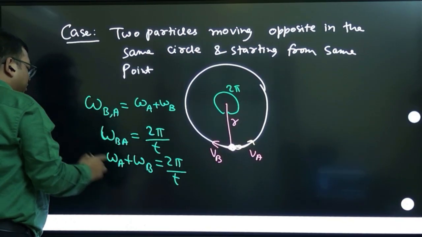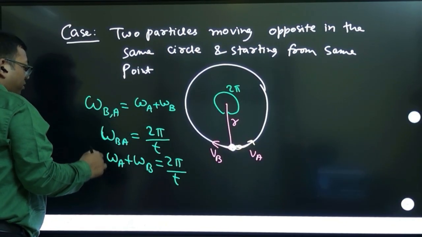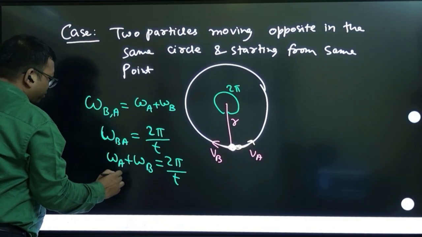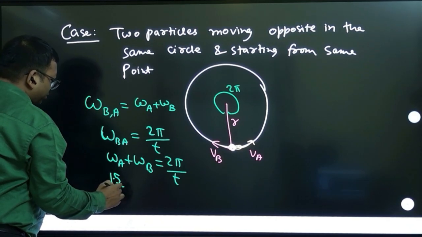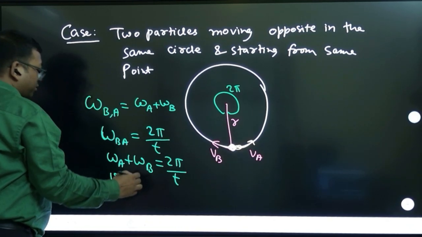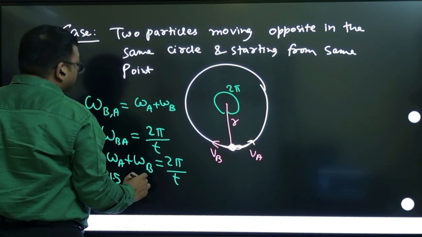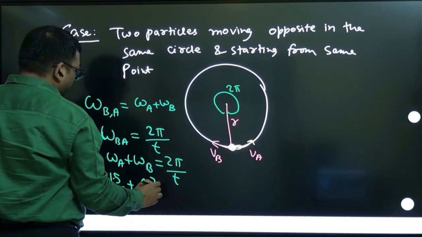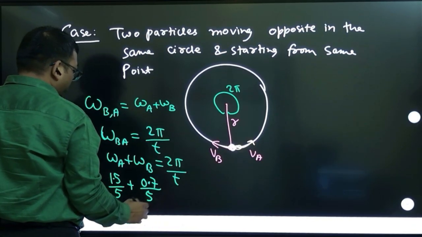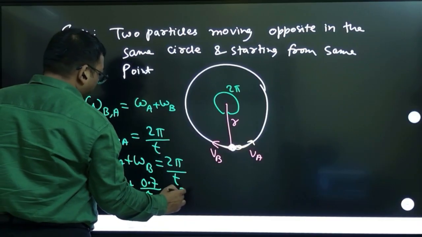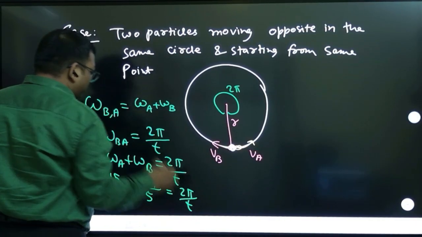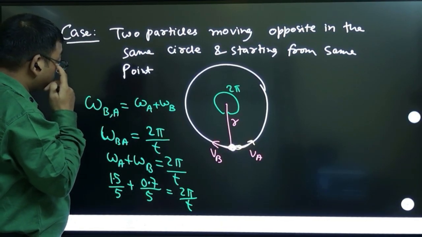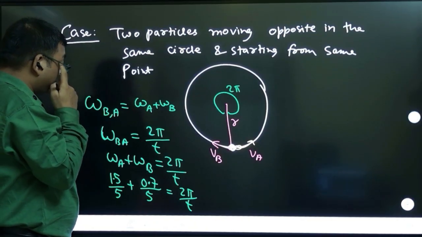And this omega is v by r, that we know, correct? So this is v, that was 1.5, by radius, which was 5, and this was 0.7, right? 1.5 by 5 plus 0.7 by 5 is equal to 2 pi by T. From here also, I think the same result will come. We check that.